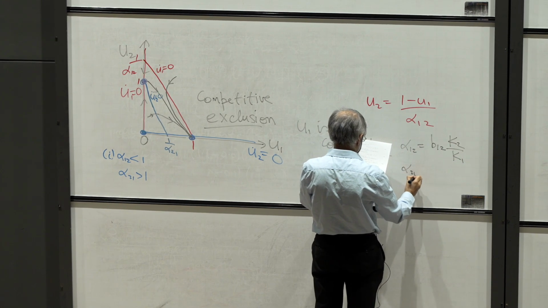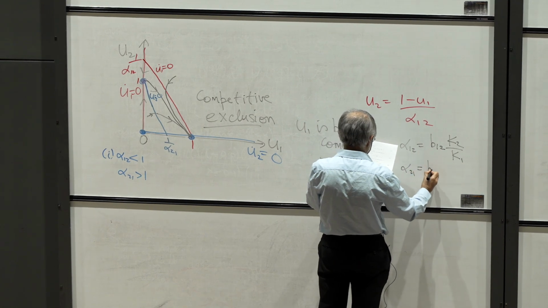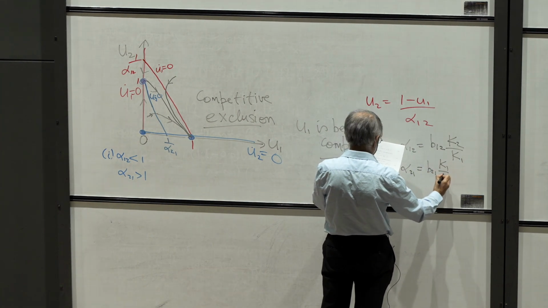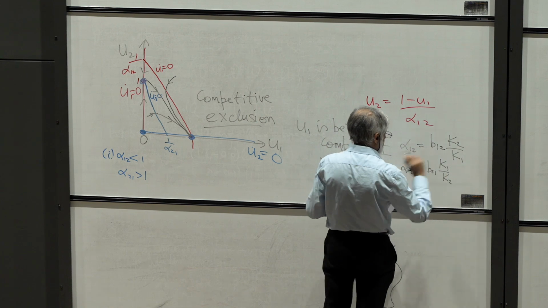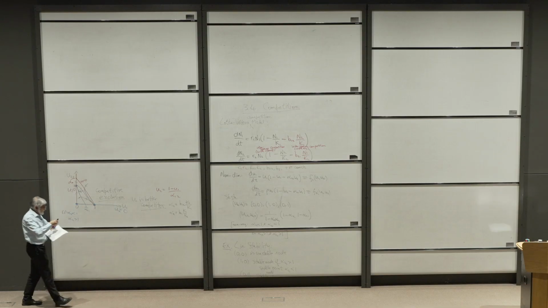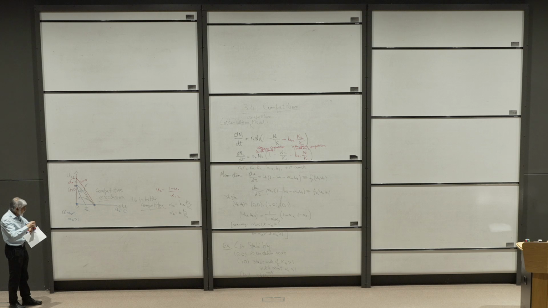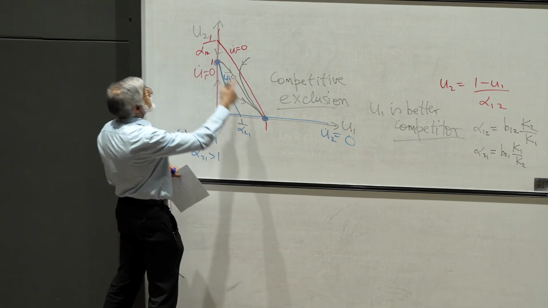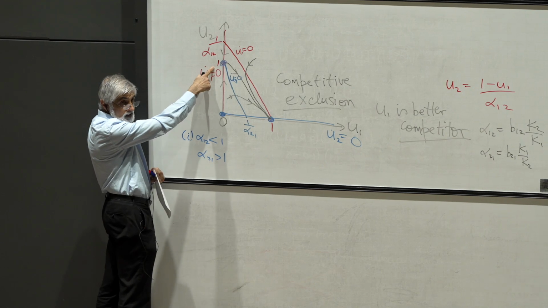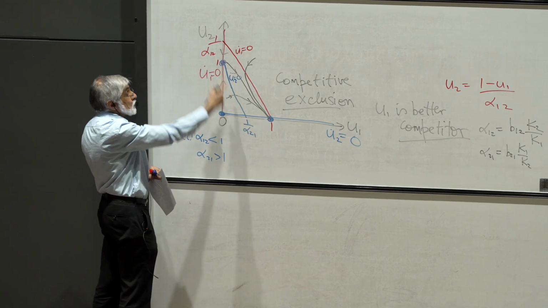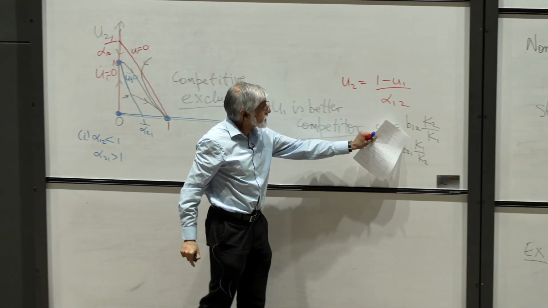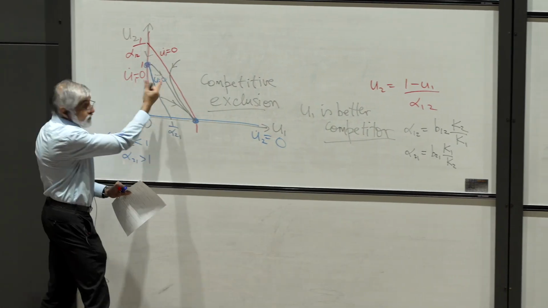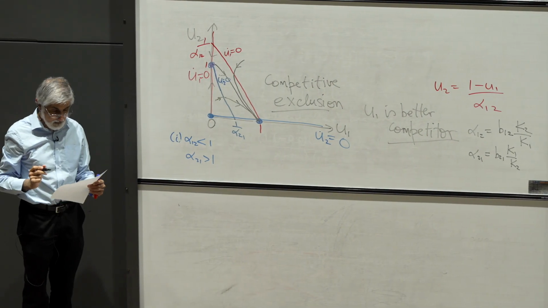Alpha 2,1 is B2,1 K1 over K2. So if you didn't like U1 and you liked U2, then you would have to change these parameters in some way to move away from this case.